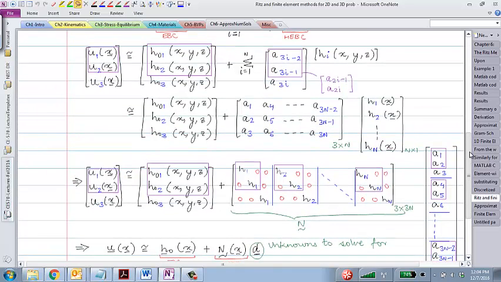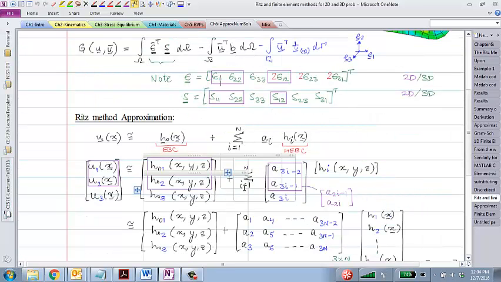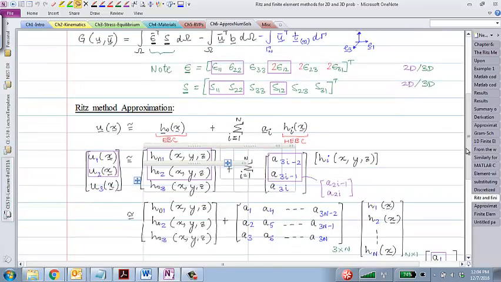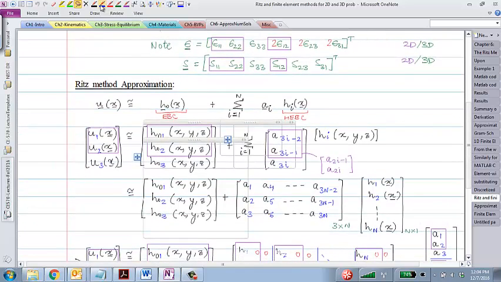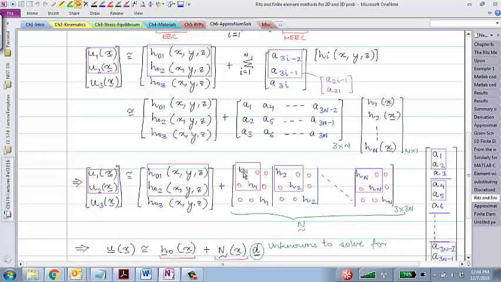All right. There is another neat way of rearranging these equations that will actually help us in formulating the stiffness matrix for the problem. So I'll write the exact same thing as I've written here, but in a slightly different order. I will write H1, H1, H1 here. These are all multiplying A1, A2, A3. That's the first column here.